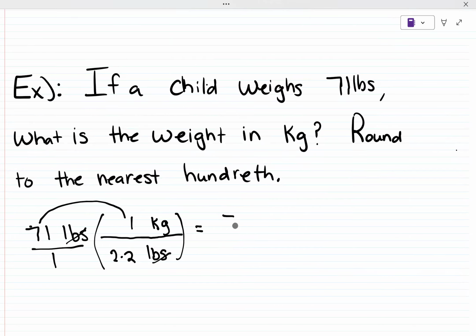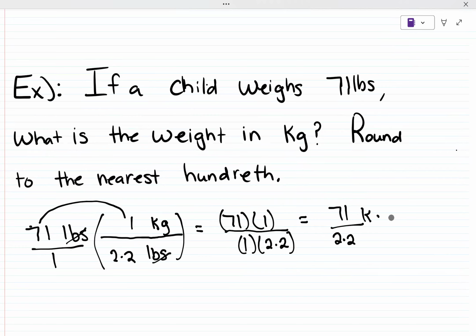So it's going to be 71 times 1, and then on the bottom, it's 1 times 2.2. So 71 times 1 is 71, 1 times 2.2 is 2.2, and you are in kilograms. When you put it in your calculator, you're going to get 32.2727 kilograms.